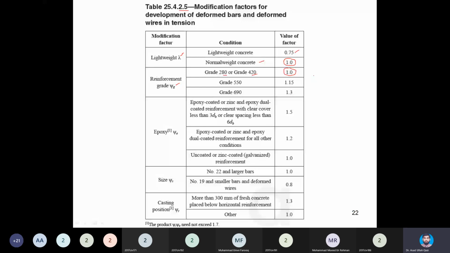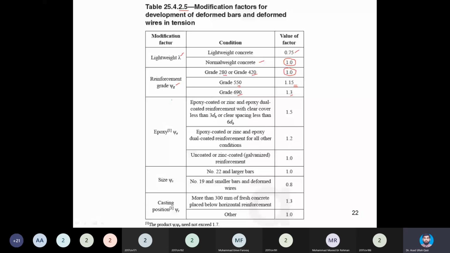But for higher grade bars, SCI has recommended that if in some project you are using high grade steel, then for grade 550, a 15% enhancement is recommended, and for grade 690 bars, a 1.3, that is 30%, enhancement is recommended. So it has now been adjusted in the LD equation that higher grades are allowed, but you need to increase the LD.